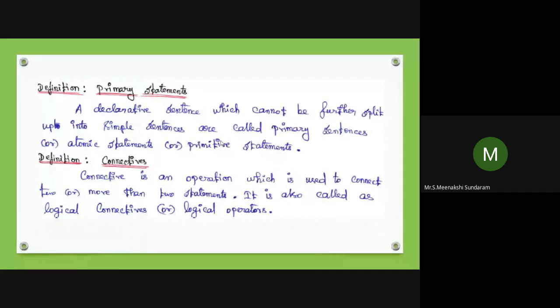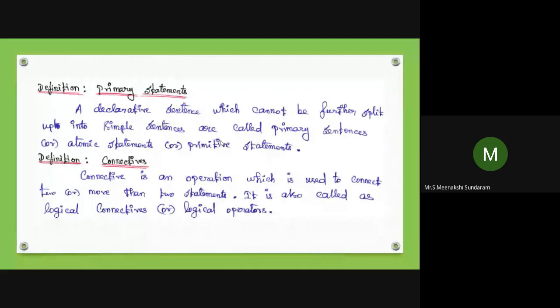Suppose we want to connect two or more simple sentences, we need some connectives, for example, A and B: Ramu is a good boy and good health, etc. The conjunction is a connective that we need. So here the connectives can be used on two or more simple sentences.